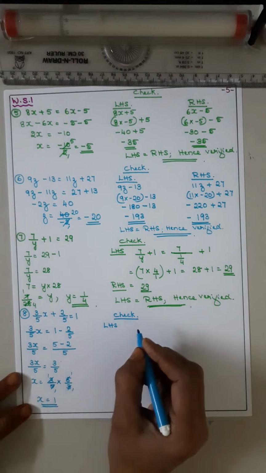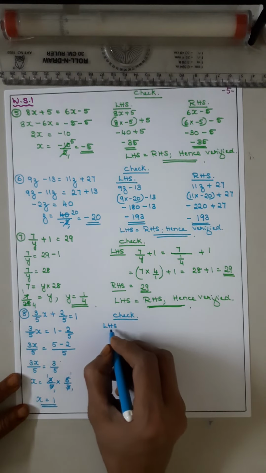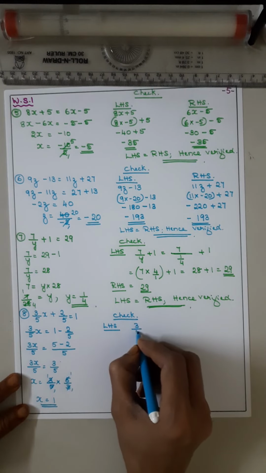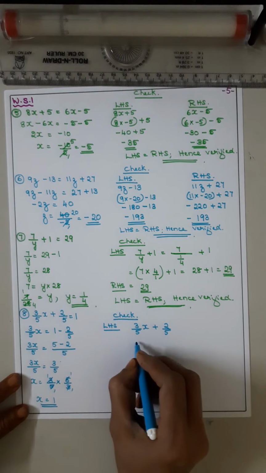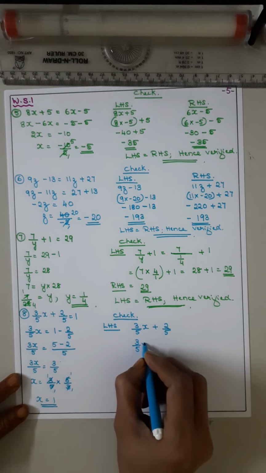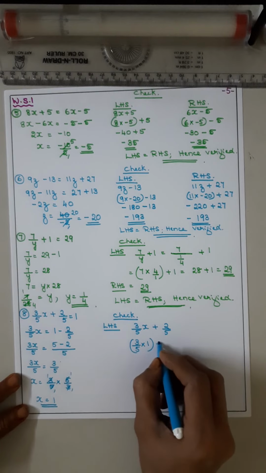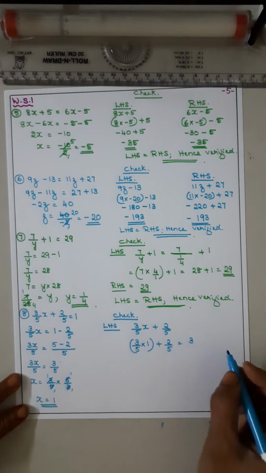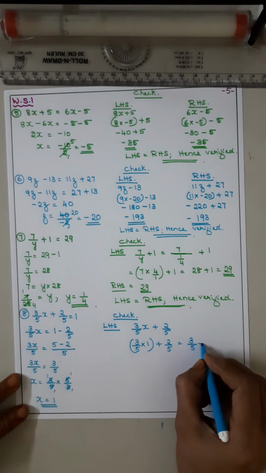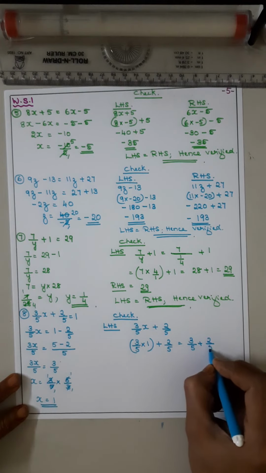Hope everyone is understanding. Okay, now check. LHS. 3/5 x plus 2/5. That is 3/5 into 1 plus 2/5. That is 3 ones are 3/5 plus 2/5.